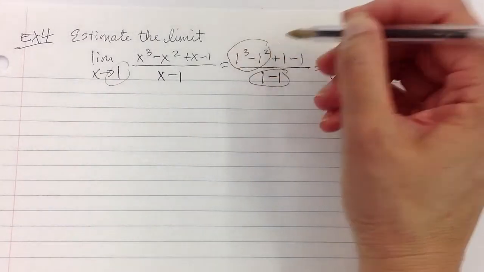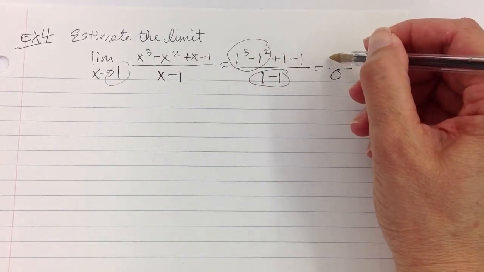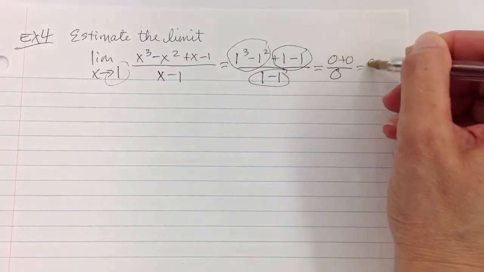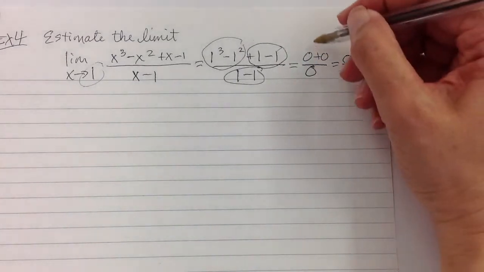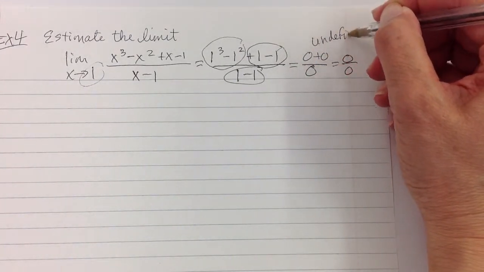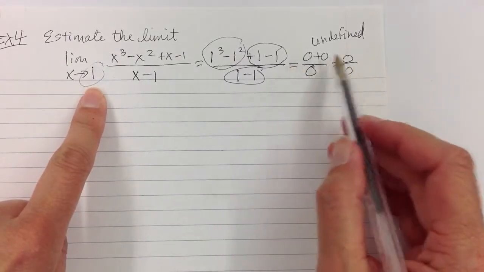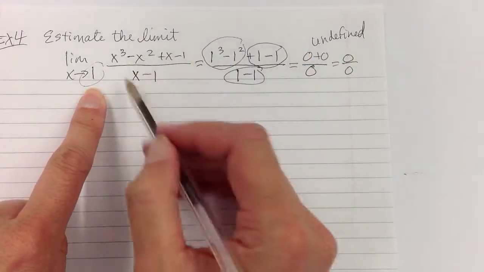And in the numerator we get 1 minus 1, which is 0, plus another 1 minus 1, which is another 0. So again, we get 0 over 0, which is undefined. So the value of y when x equals 1 is undefined.